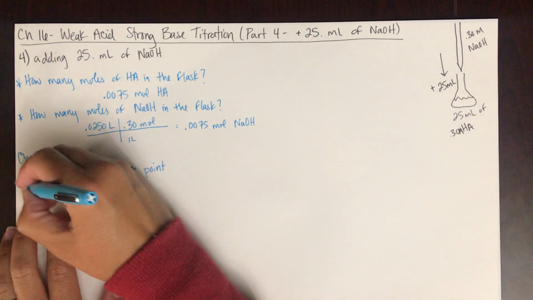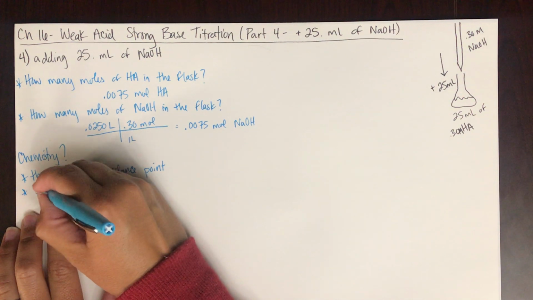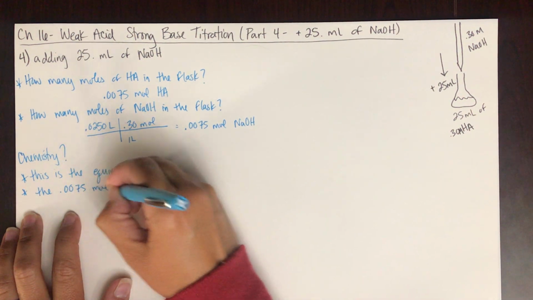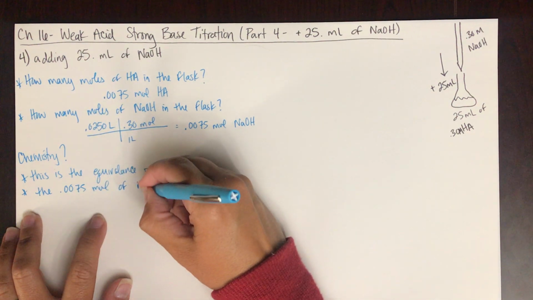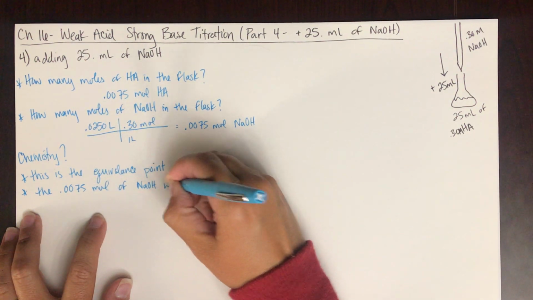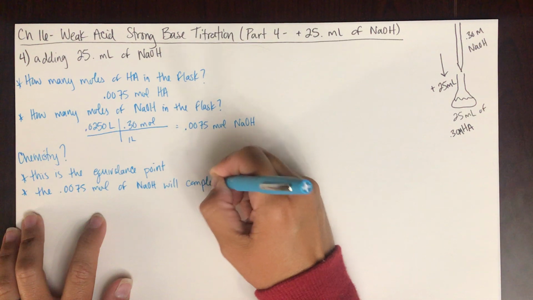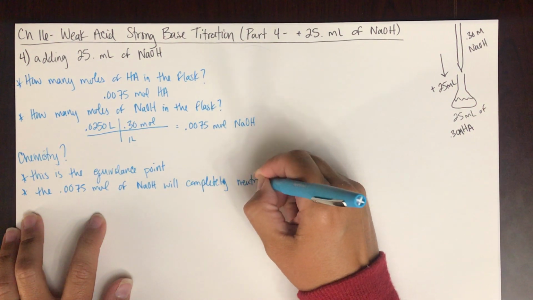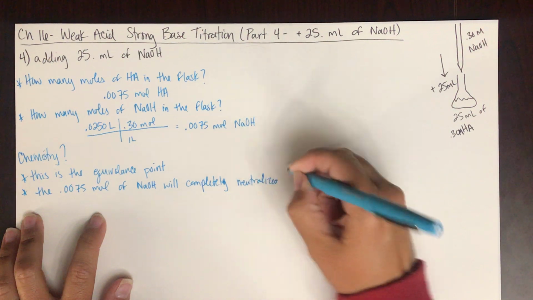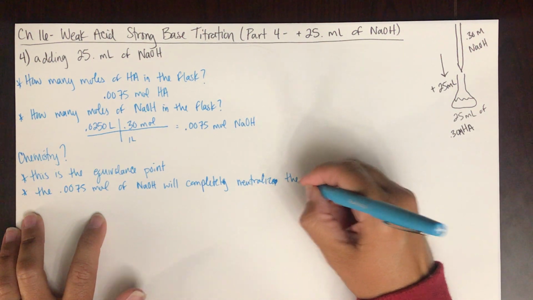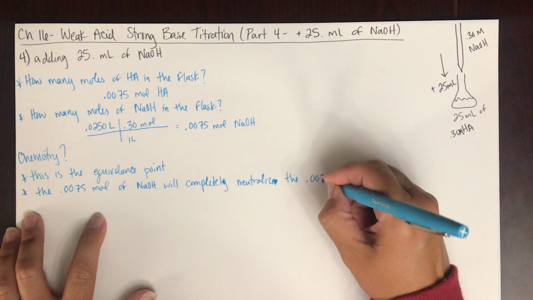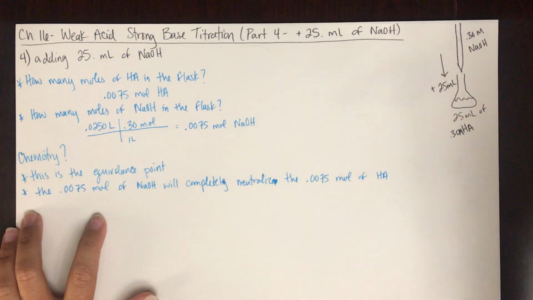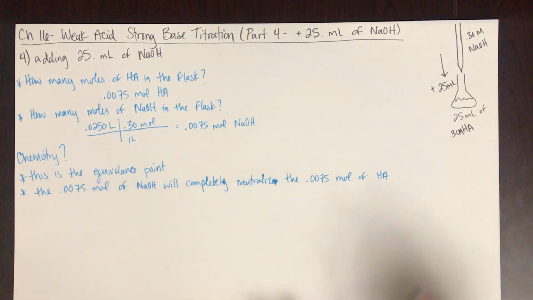I'm going to write all of that out. The 0.0075 moles of sodium hydroxide will completely neutralize the 0.0075 moles of HA. So it's gone. No more HA. We've completely neutralized it.